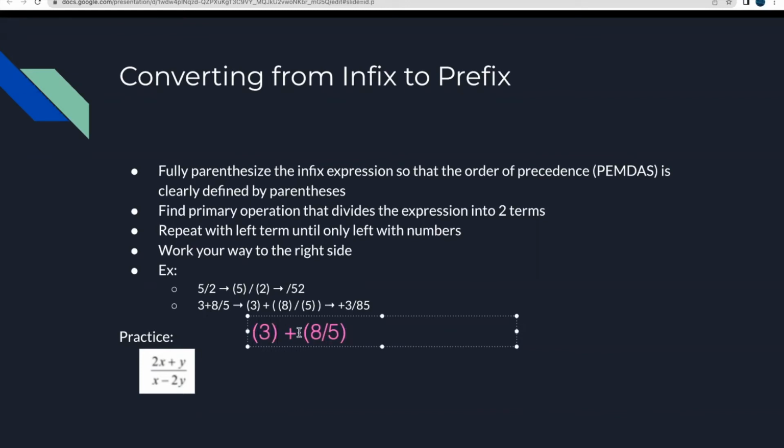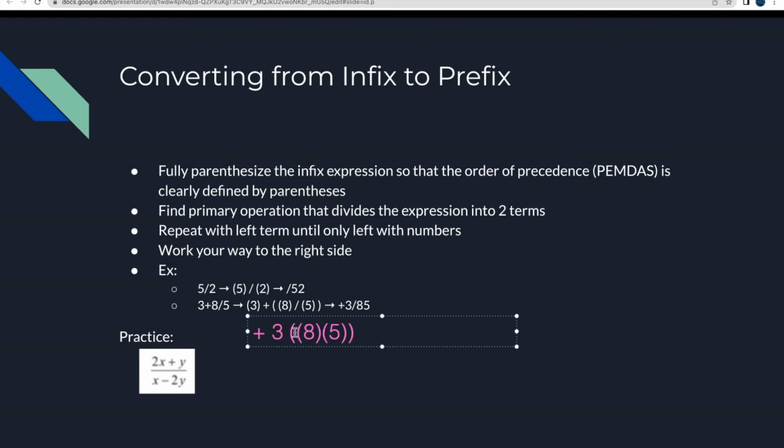First we group this into two terms, and then I can just copy and paste this operator onto the left here. This doesn't need to be simplified, so we're going to get rid of those parentheses. And then we still have to simplify this term, so we're going to put some more parentheses in there, separated into two terms.